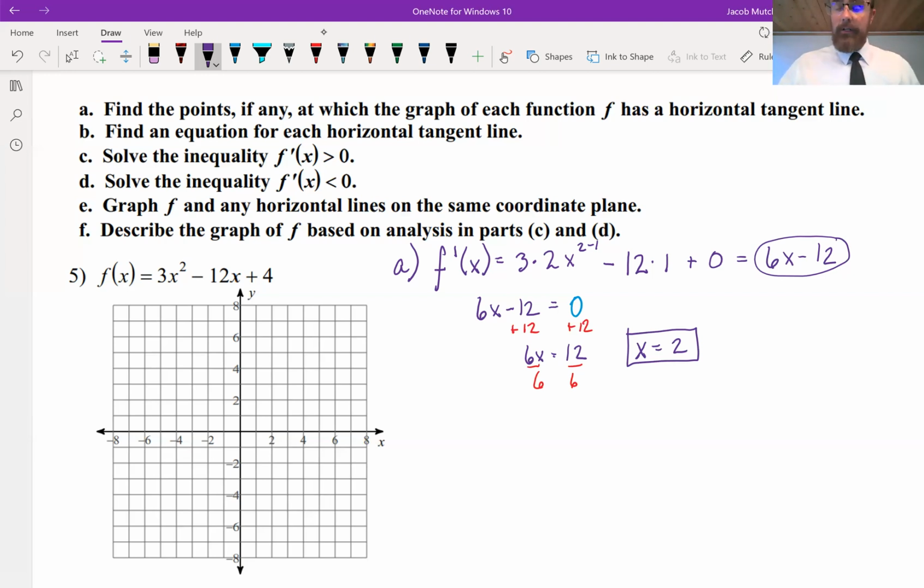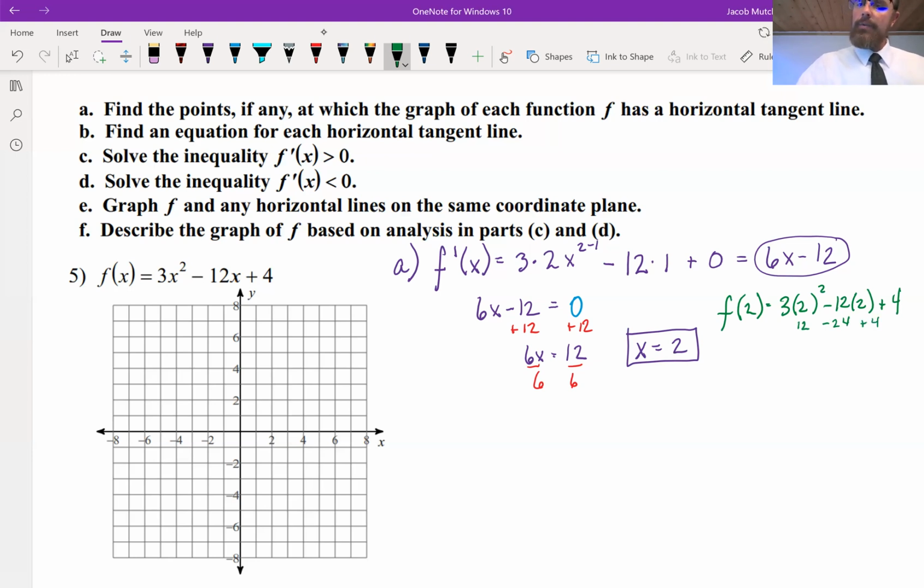I do need to find the y coordinate as well. To do that, I'm going to take 2 and plug it into the original function, so not the derivative, but f of x. I want to find f at 2. It's 3x squared minus 12x plus 4, so 3 times 2 squared is 3 times 4, which is 12, minus 12 times 2, which is 24, plus 4.